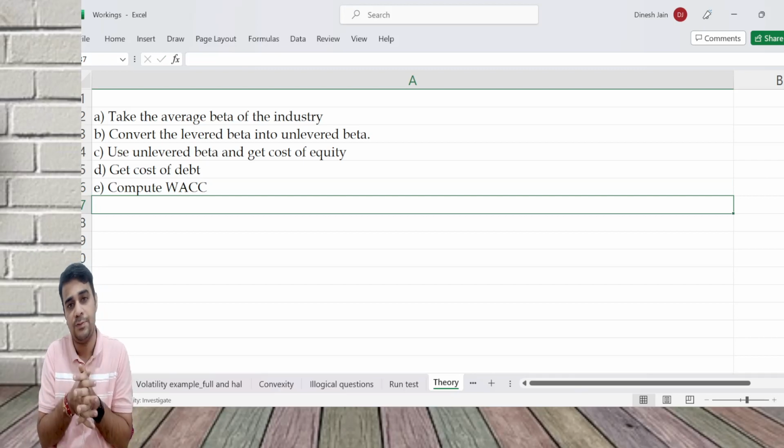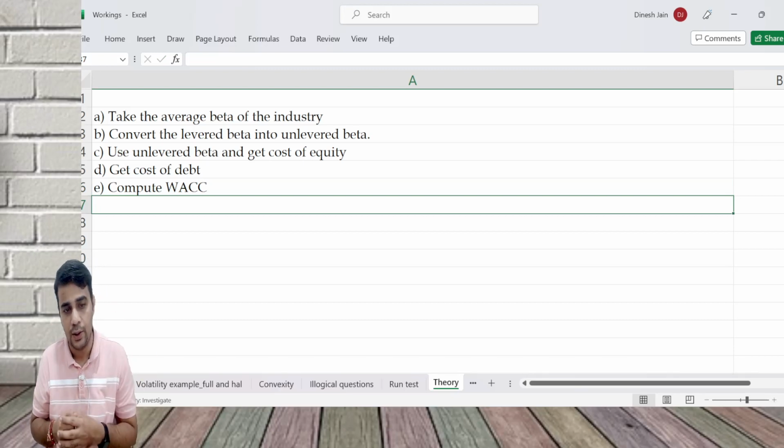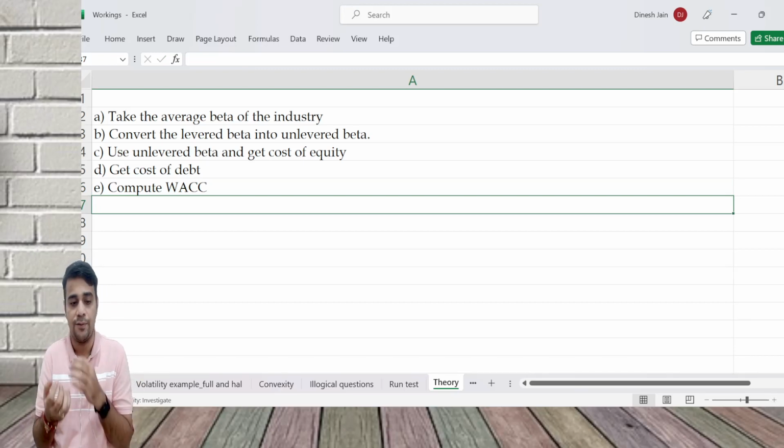So I have the average beta of the industry. If you want to value any IT company, you can do this in a practical world. Take the average beta, convert the levered into unlevered beta, get cost of equity, get cost of debt, get the WACC.